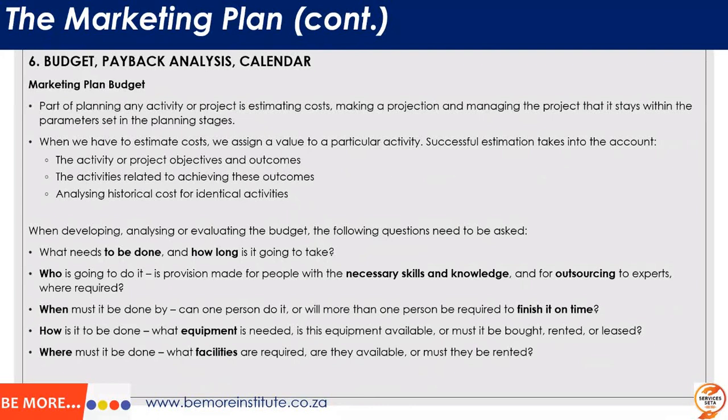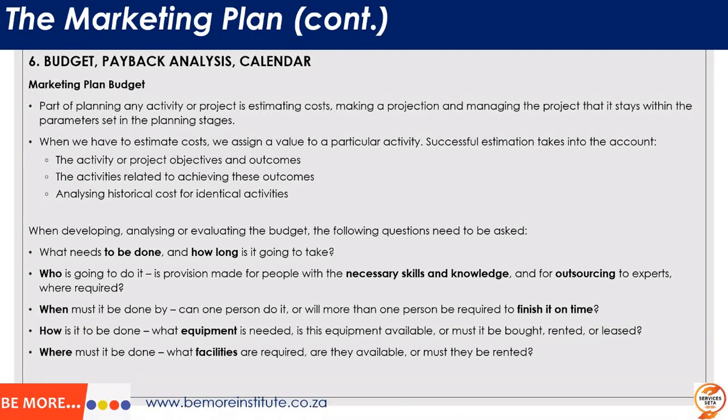To try and estimate the cost, you look at the historical cost, what has been spent in the past. If you're embarking on an exercise that hasn't been done before, you try and do some research and look at the current market-related cost for that particular exercise. So these are the kind of questions that you need to make sure you answer.